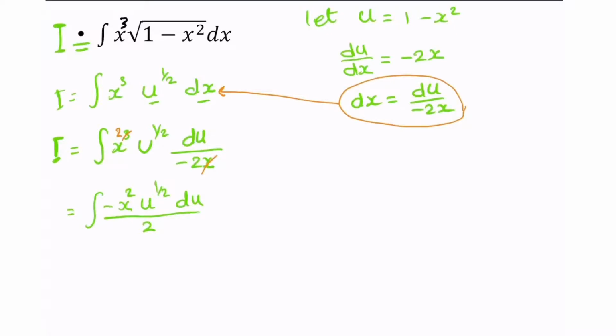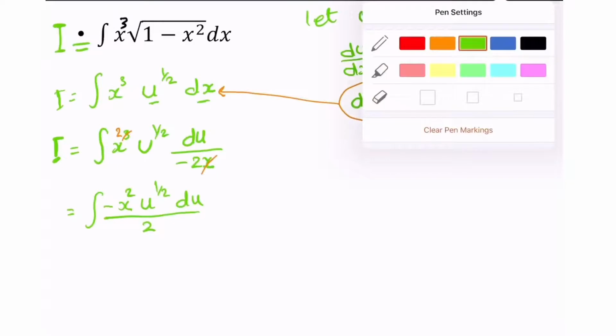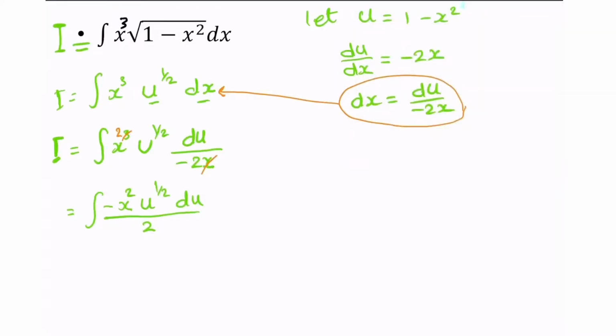To do that, we can go back to our u here, because u equals 1 minus x squared, then we can find x squared. Then x squared equals what? 1 minus u. You okay with this? Happy? I hope so.